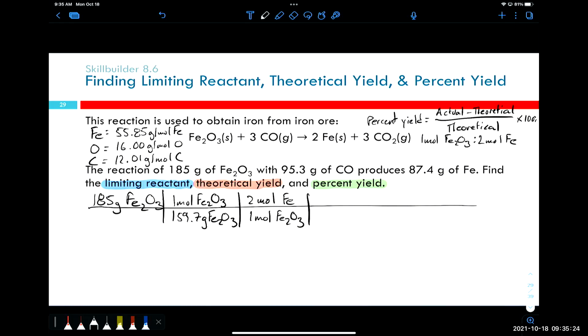And then finally, we'll go from our moles of iron now to our grams of iron. Because iron here is just the atom by itself, we can use just its atomic mass, which we grabbed from the periodic table earlier. 55.85 grams of iron for every 1 mole of iron.